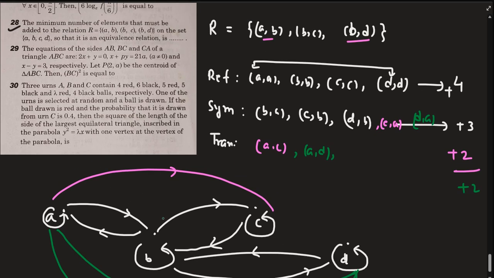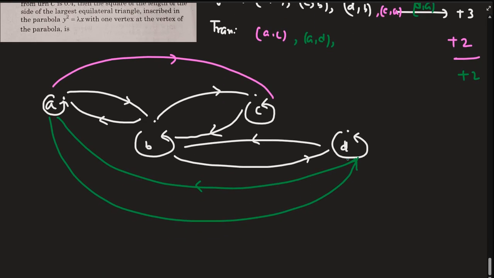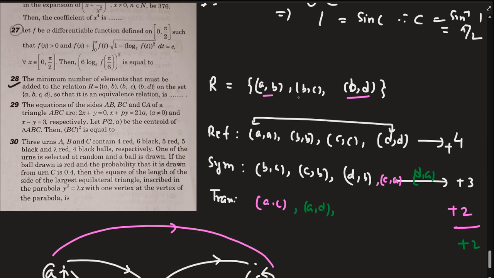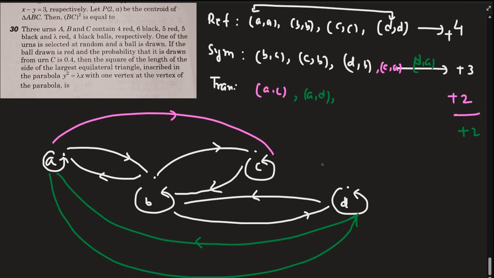CD is not present, but here C to B one relation exists, then B to D one relation exists, so there should be one more relation from C to D. So you have to add C to D, and to make it symmetric, D to C. You have to add two more elements.